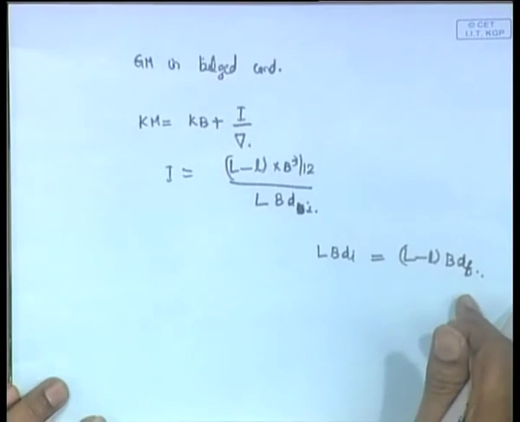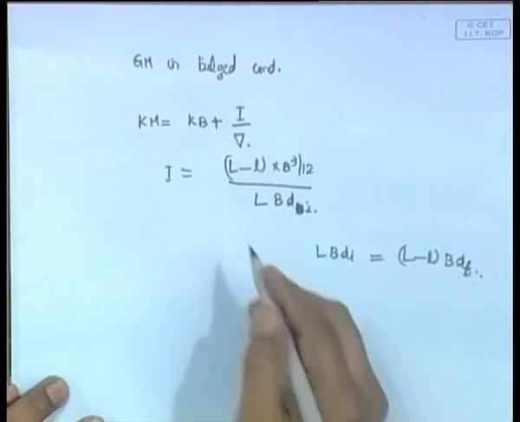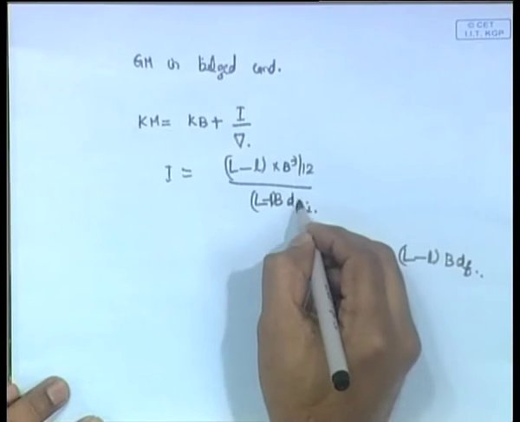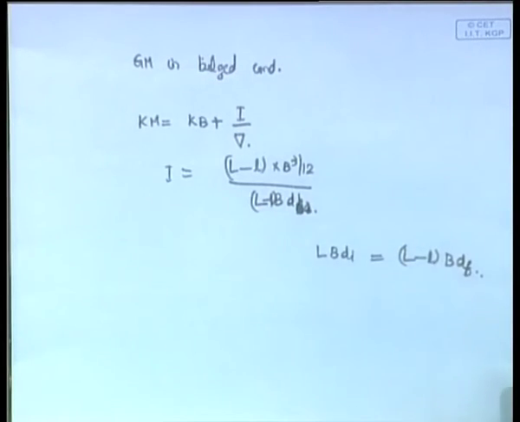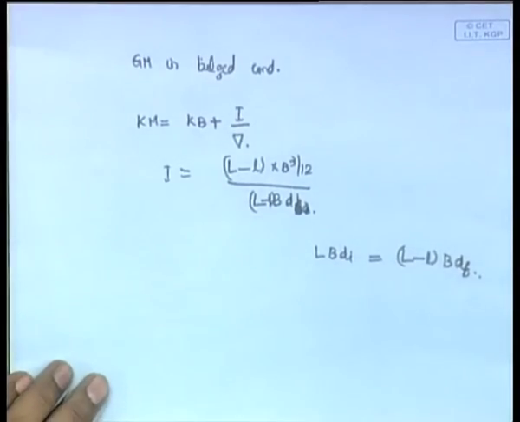If I had to write it in terms of dB like you said, that maybe is a better way to write it, but at any rate you have to see what the volume is. You have to use the same concept for both the numerator and the denominator, I and del. This is a general formula, Km is equal to Kb plus I by del, true for all cases because Km is equal to Kb plus Bm.